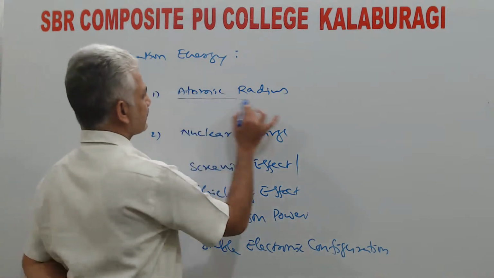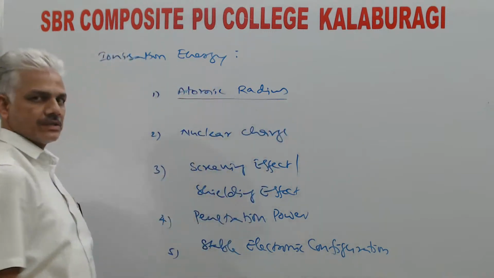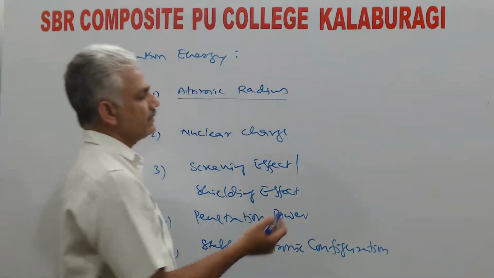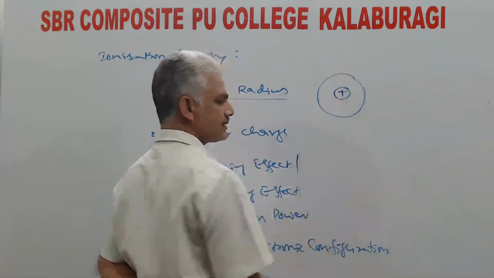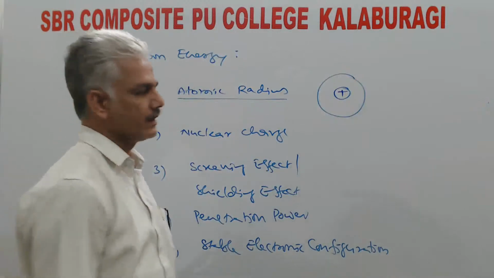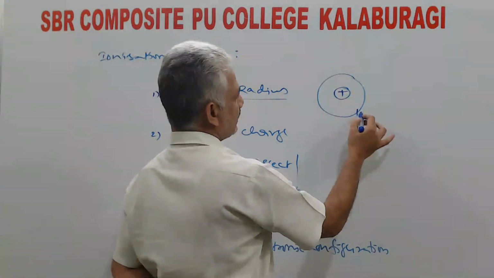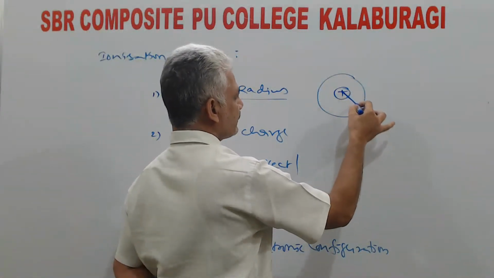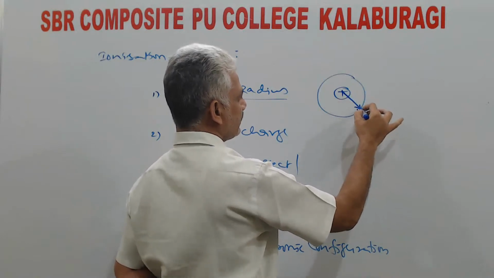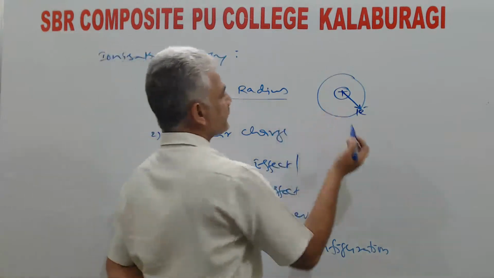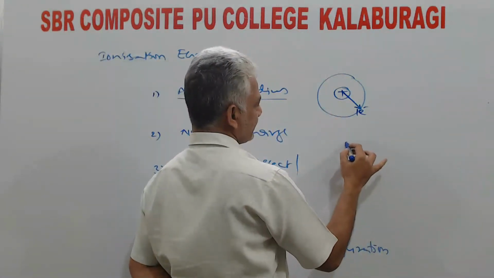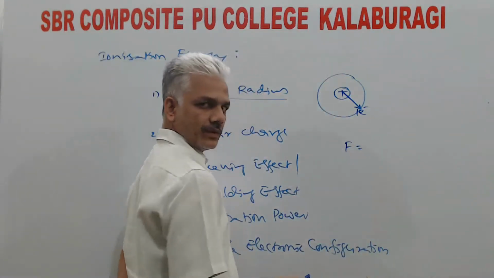How atomic radius influences the ionization energy. So, in an atom, there is a nucleus and there are specific number of orbits. There is always a force of attraction operating between the nucleus and the moving electron. This nuclear force of attraction is calculated by using Coulomb's law.